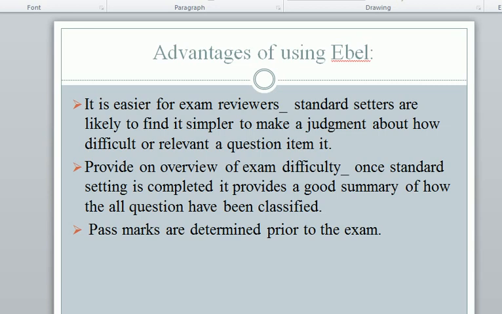And the third advantage is that pass marks are determined prior to the exam. It means in this method, the pass marks or cut scores are determined before the administering of the test.